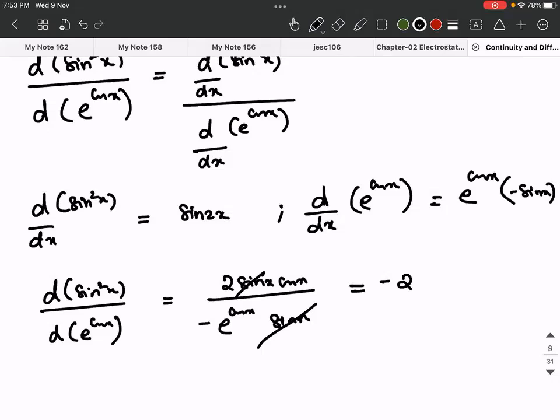So you will have minus 2 cos x into e power minus cos x. Shall I proceed?